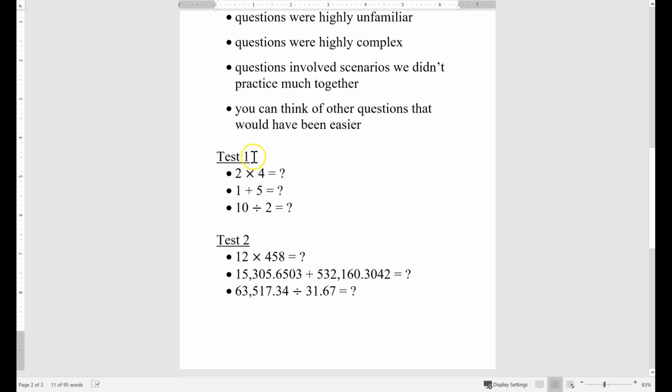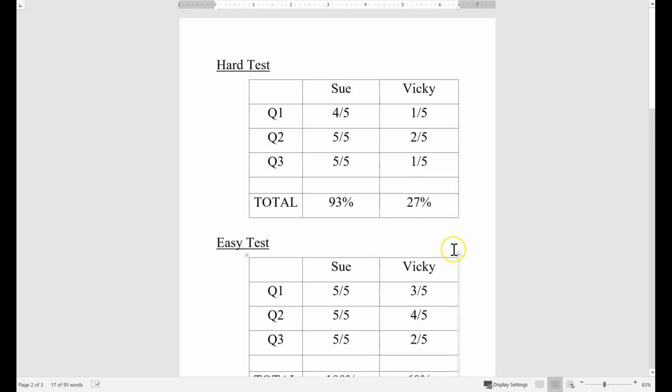Okay. So for example, imagine test 1 is this, 3 questions. There are no easier questions, you know? Here's the more complex version. If you give this test, but you still get results like this, how could you possibly make these questions easier?